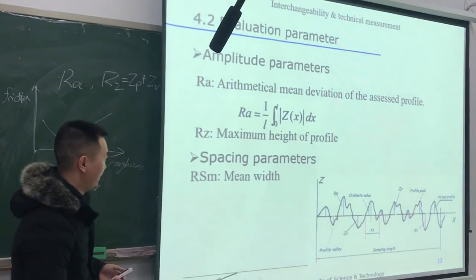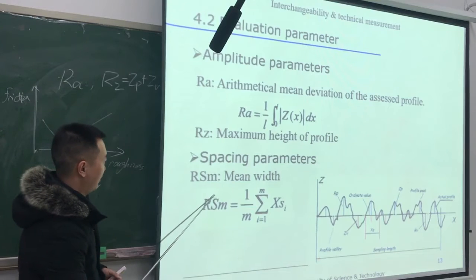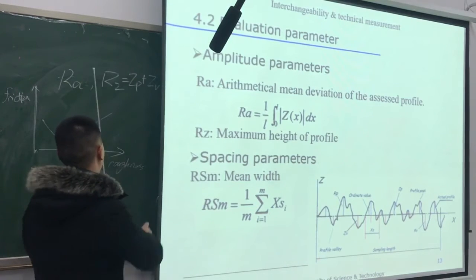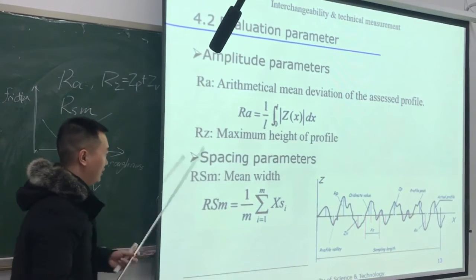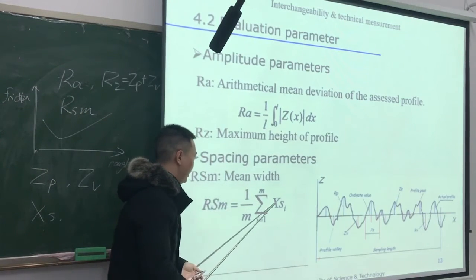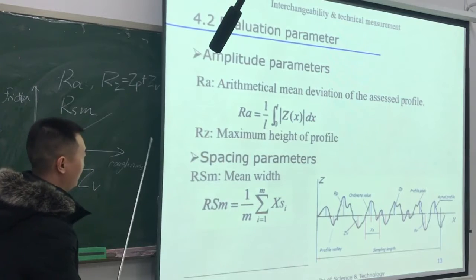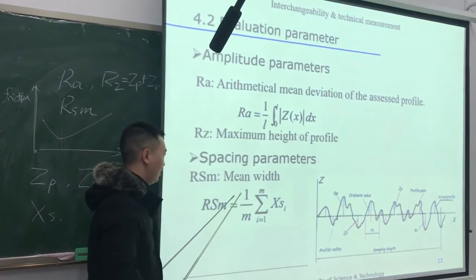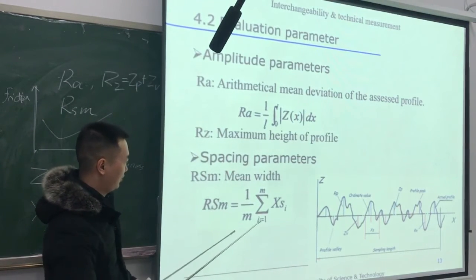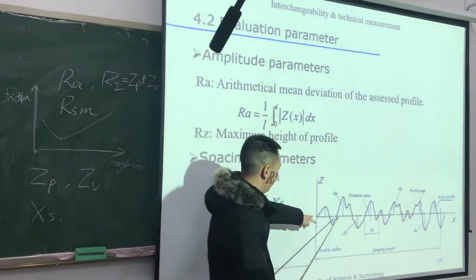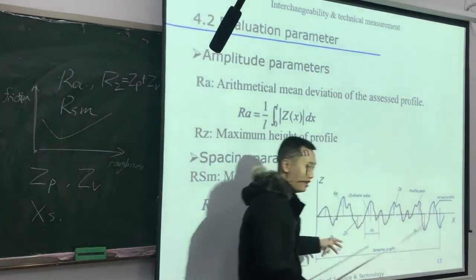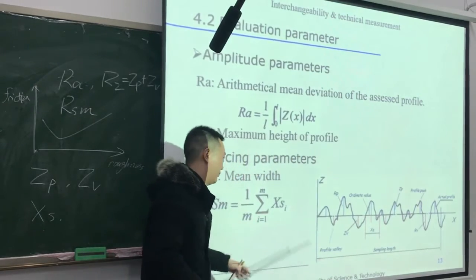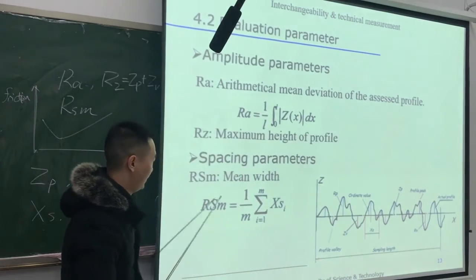And for spacing parameters, we use the RSm. RSm is the mean width of the profile elements xs. As I said, we have many xs values. We average them, and then we get the RSm.